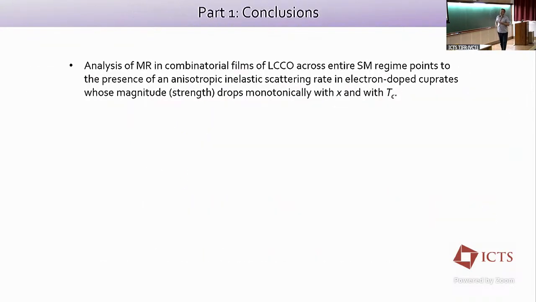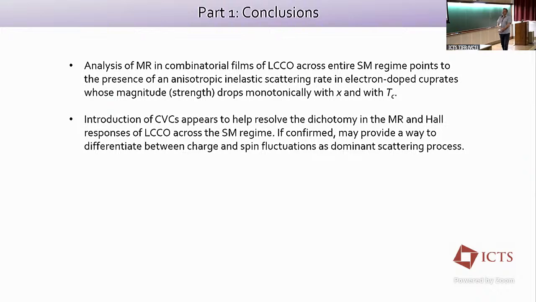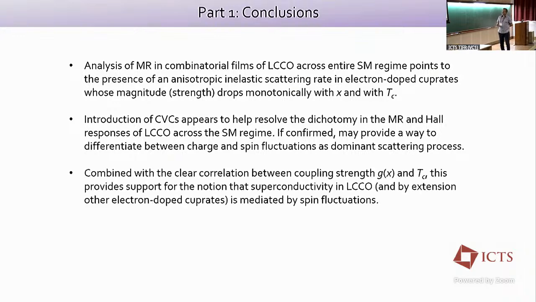Okay, so to conclude that part, we've shown that the analysis of these remarkable combinatorial films can only be explained consistently with the presence of this anisotropic inelastic scattering rate. The introduction of these current vertex corrections allows us, at least in this toy model, to distinguish between the charge and spin fluctuations, and it suggests that it's actually the latter which are the dominant scattering process.